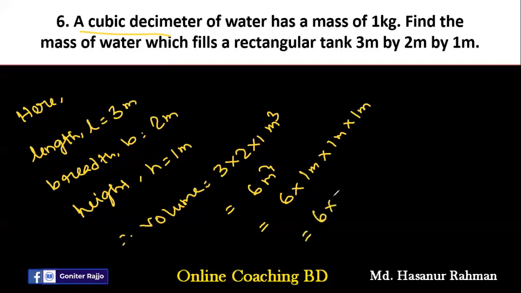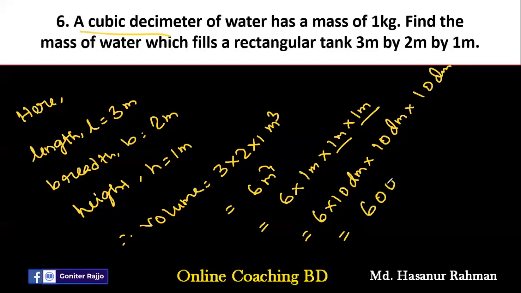So 6 multiplied by 10 decimeter multiplied by 10 decimeter multiplied by 10 decimeter. 6 multiplied by 10 multiplied by 10 multiplied by 10, that will be 6,000 decimeter multiplied by decimeter multiplied by decimeter, that will be cubic decimeter.